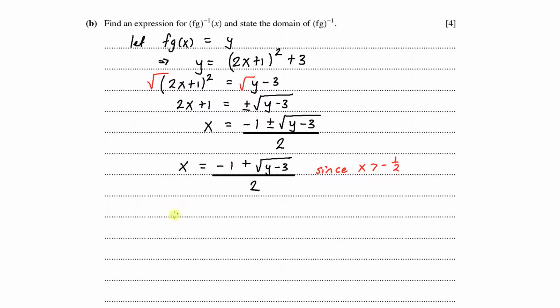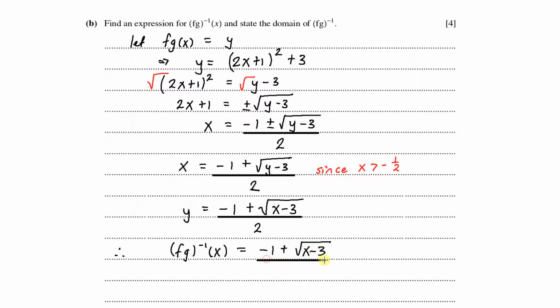Now we can interchange the variables, so that will be y is equal to minus 1 plus the square root of x minus 3, all over 2, which therefore means fg inverse of x should come out as minus 1 plus the square root of x minus 3, divided by 2. So this here is the expression for fg inverse.